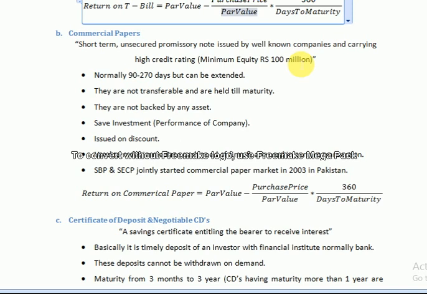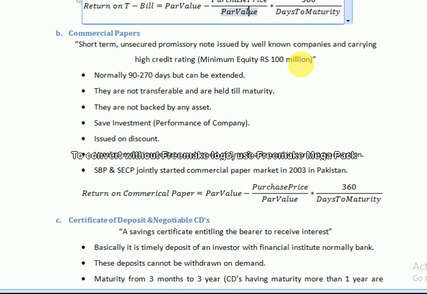So dear students, hope you understand what is meant by commercial papers. Commercial paper is a debt security issued by large corporations to generate funds when they need them, and it is a money market instrument.